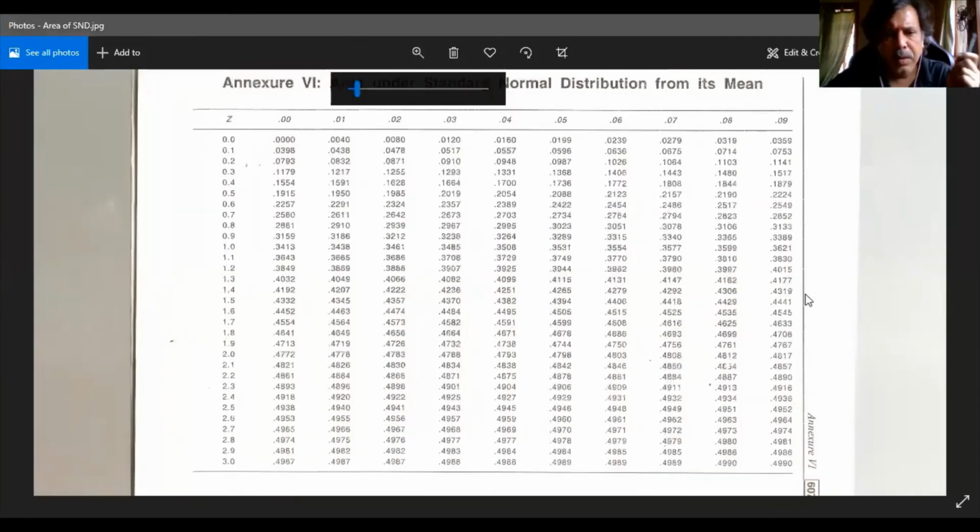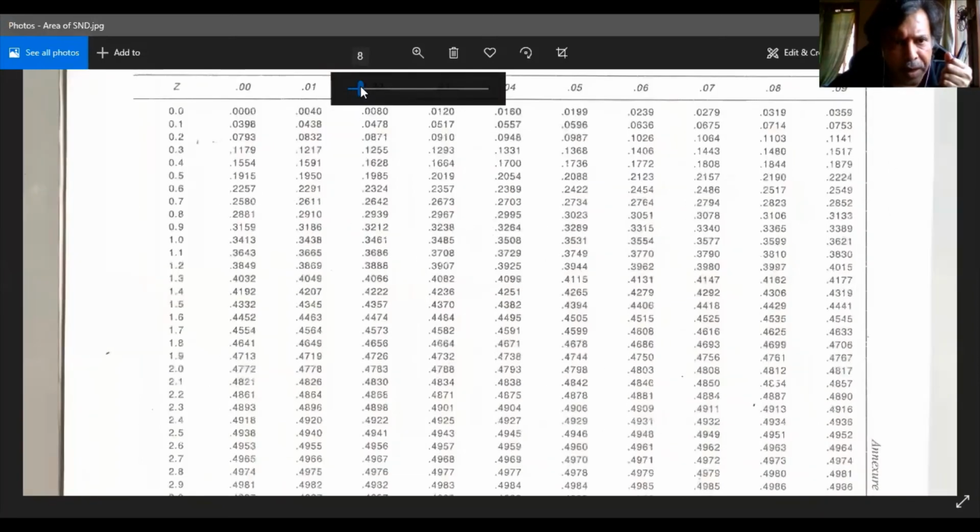Yeah. So now we have to look for 0.25, right? Here it is. 0.2486, you may notice here. For 0.2486, what is the Z value? It is 0.6 and then second digit is 7. So 0.67, it is for 0.2486. And then for 0.2517, it is 0.68.